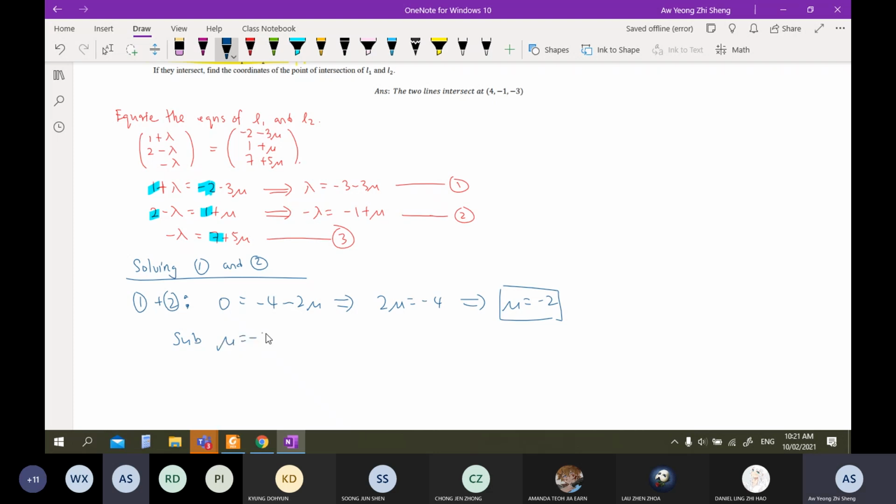And then sub mu equals minus 2 into equation 1 or 2. Don't ever touch equation 3. Warning, don't touch equation 3.